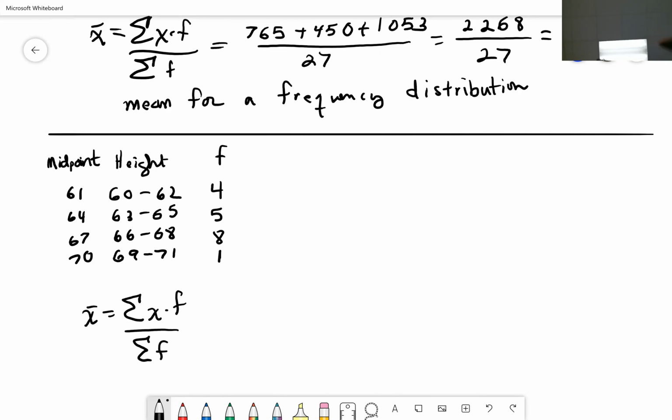And so now you have everything. You can go ahead and find out what 61 times 4 is, what 64 times 5 is, what 67 times 8 is, what 70 times 1 is.